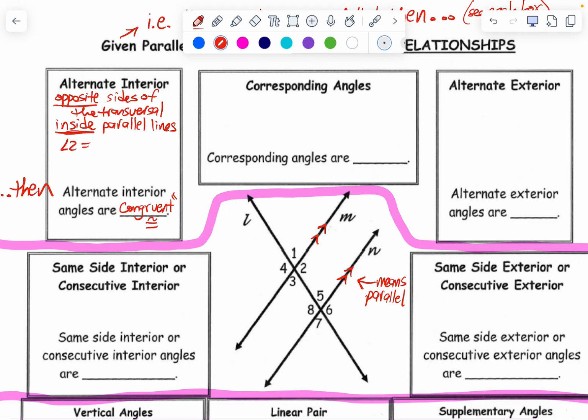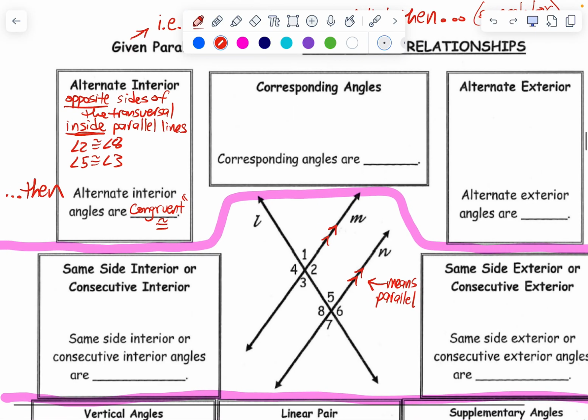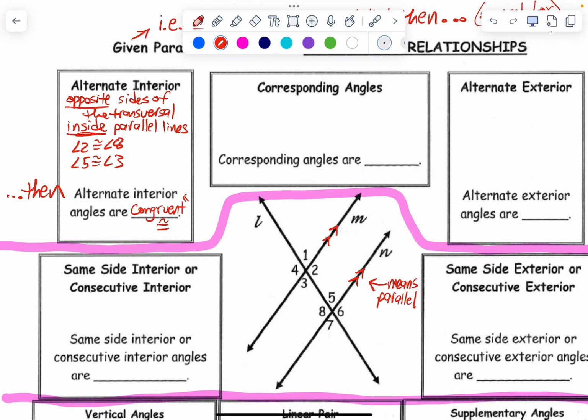So angle 2 and angle 8, angle 5 and angle 3. Do you see how they're on opposite sides of this line that cuts across, and they're inside of the parallel lines? So alternate interior angles, that's our first pair, and they are congruent.